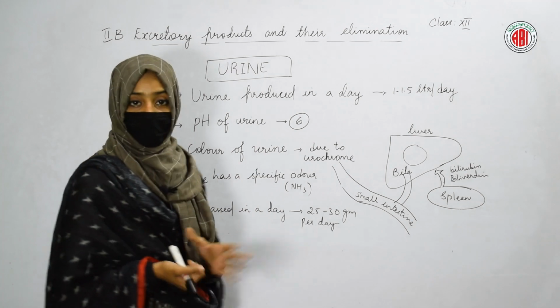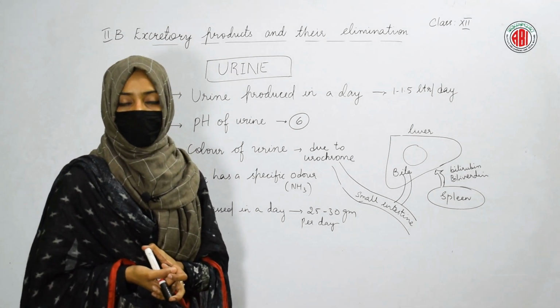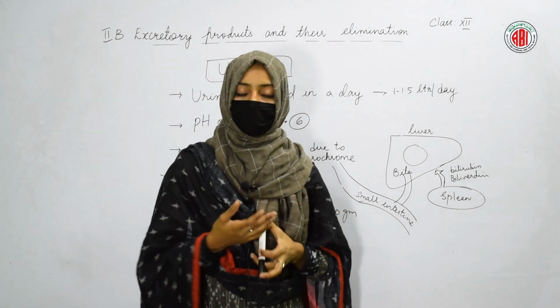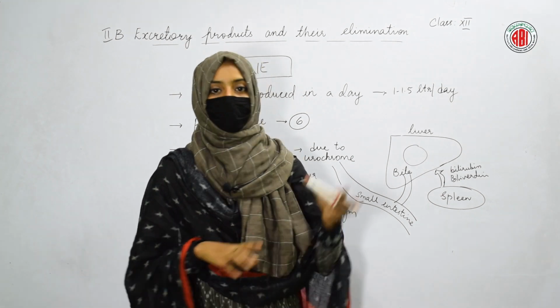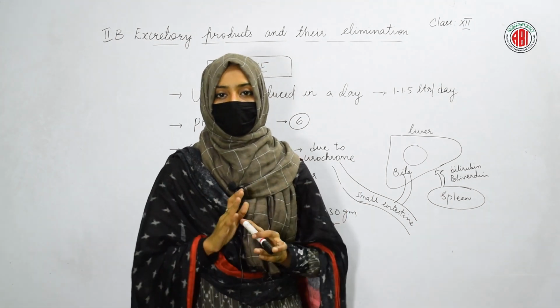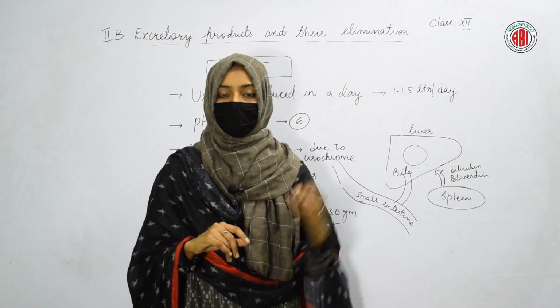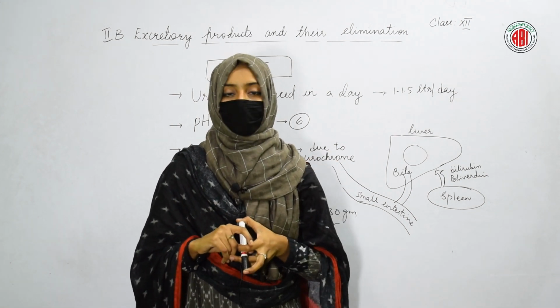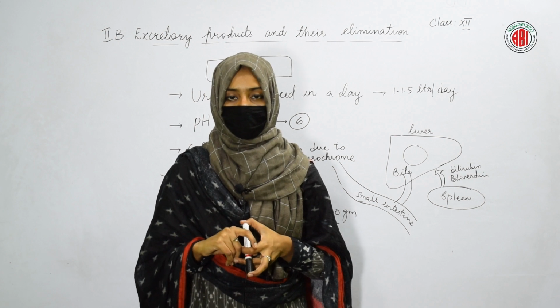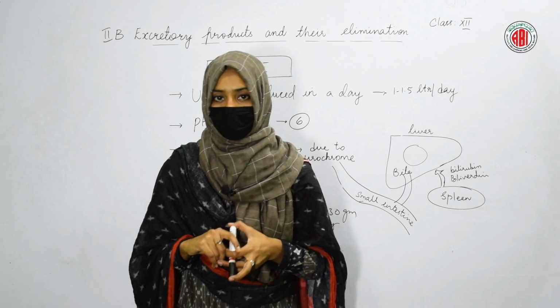So these are the different characteristic features of urine that can be seen in a normal human body. But if these characteristics get disturbed, if the urine does not possess all these characteristics, then it will lead to abnormality in the human excretory system.